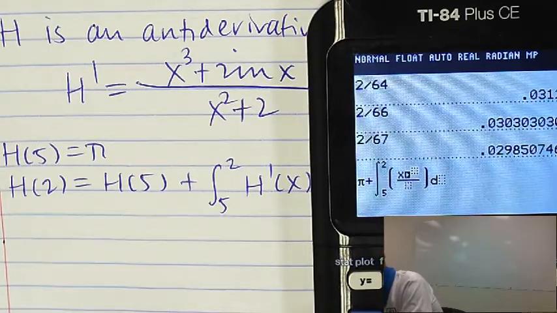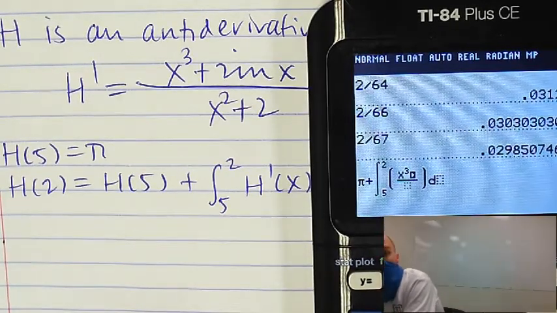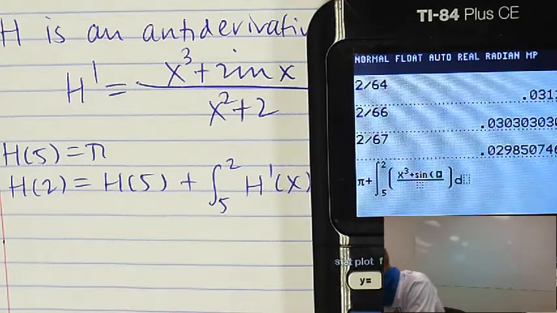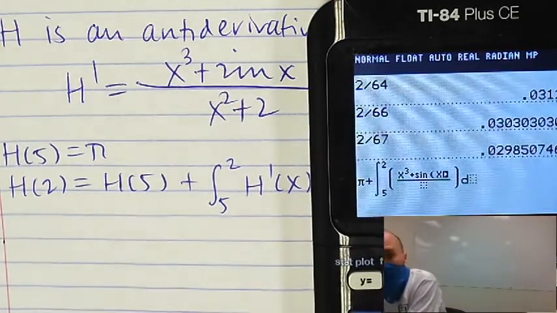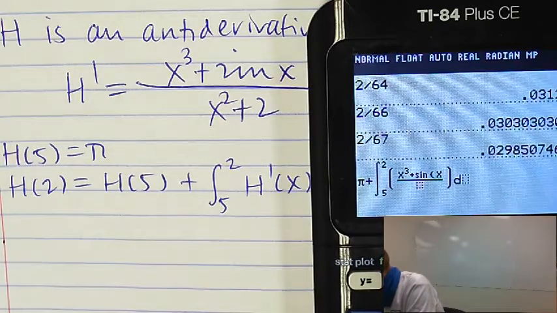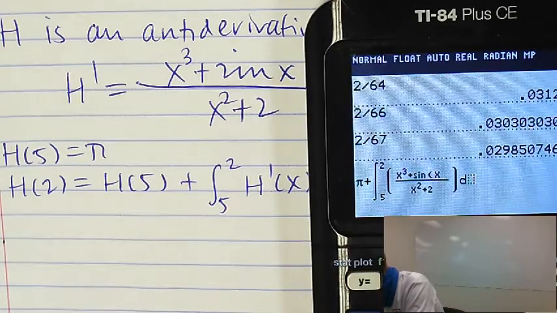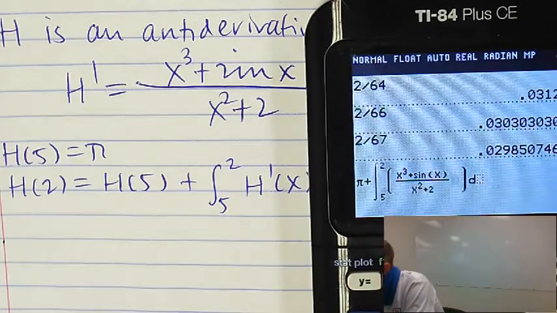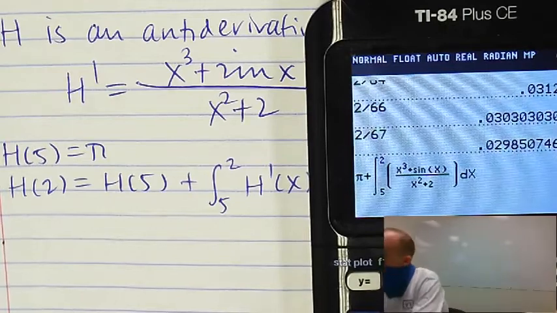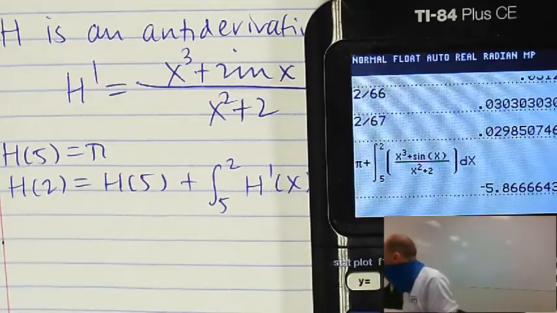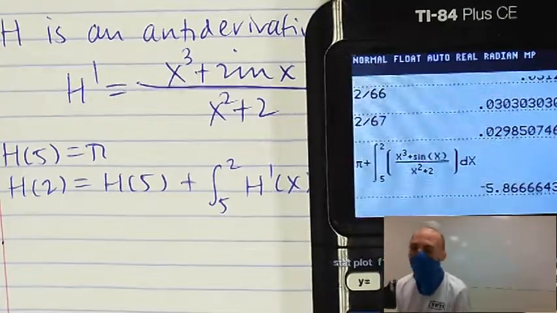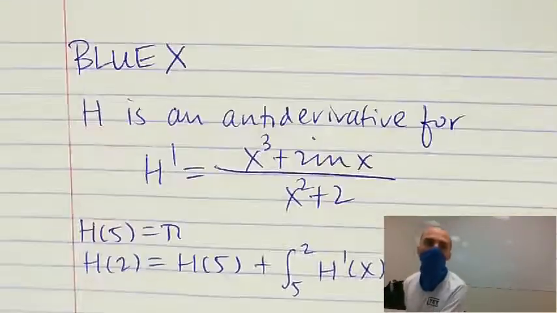Oh wait, even using the fraction bar, I almost made an error. X to the 3 plus sine x, I'm in radian mode, divided by x squared plus 2. I don't know if that's going to be an issue. I will close the parentheses. Dx. And then I'll sit and wait for a second. Negative 5.867. Cool, that's choice B. Great. All right. And yeah, that was blue x.